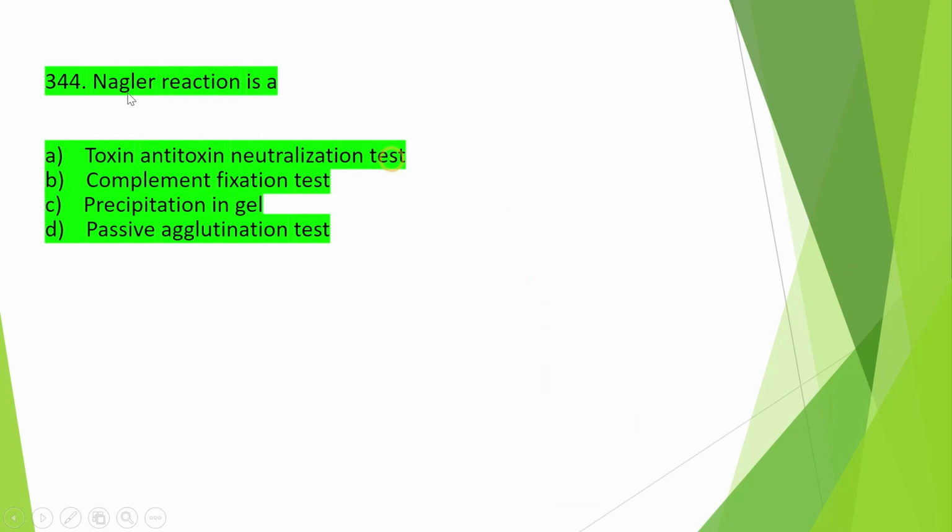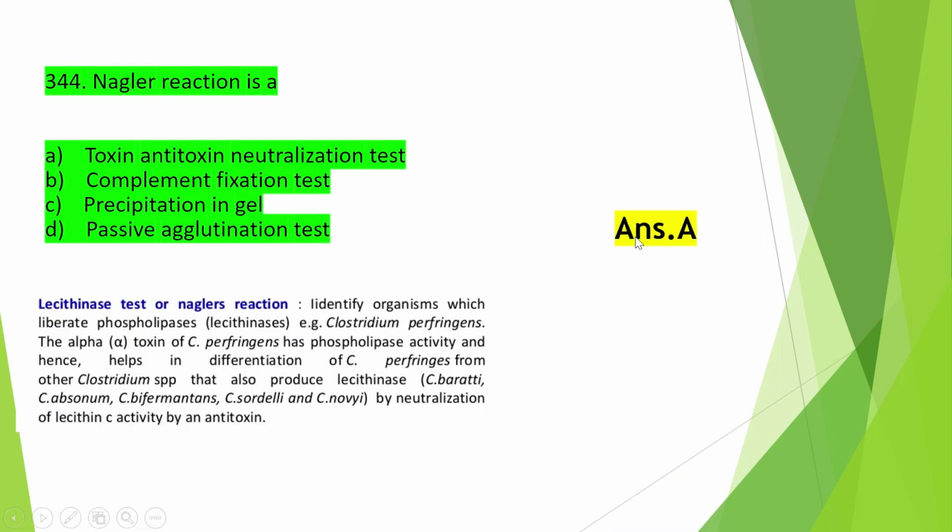So the next one is Nagler reaction is a toxin antitoxin neutralization test or complement fixation test or precipitation in gel or passive agglutination test, and the right one is option A, that is toxin antitoxin neutralization test. Okay, that is the Nagler reaction.